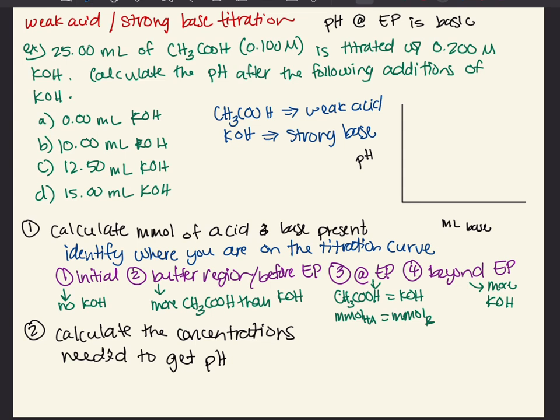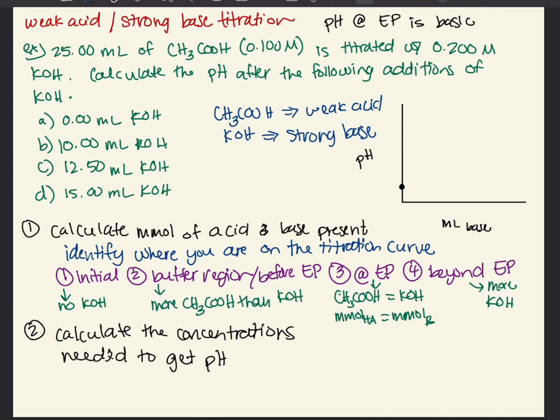Now, since this is a weak acid, strong base titration, I'm going to start out at an acidic pH. And so before I've added any of my base, I'm going to have an acidic pH because I have only acid present.